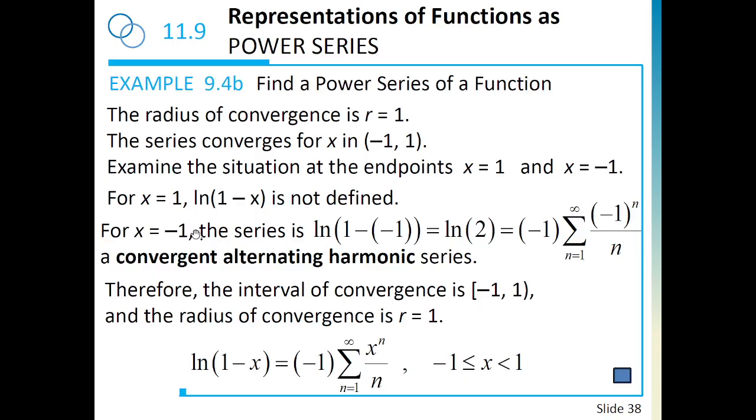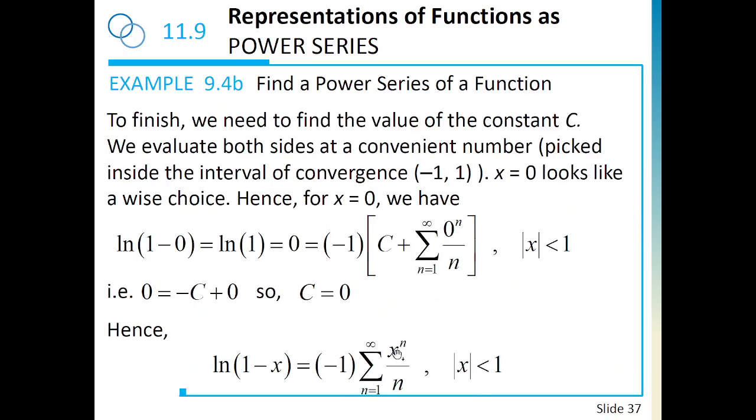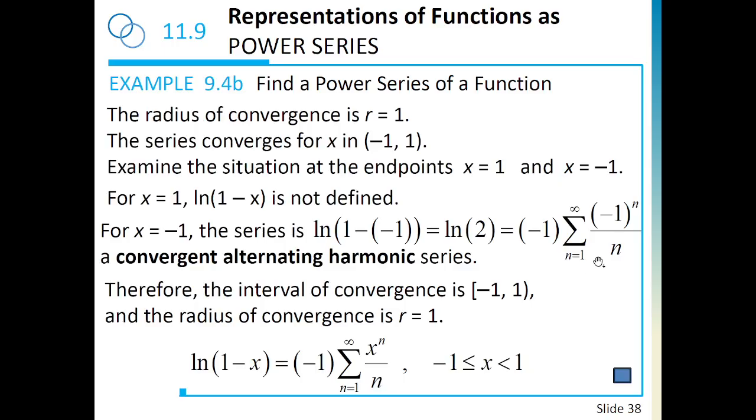Let's examine the situation at x equal minus 1. Well, 1 minus minus 1, so that's ln 2 again. And then in our expression of the series here, instead of x, I put minus 1. So I have an alternating harmonic series, we know it's a convergent series.